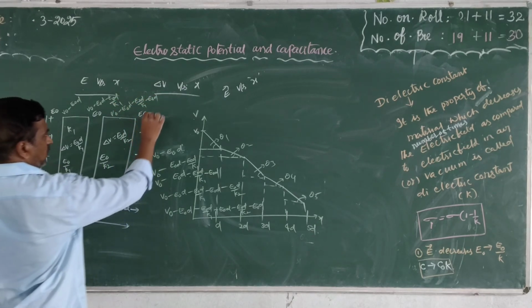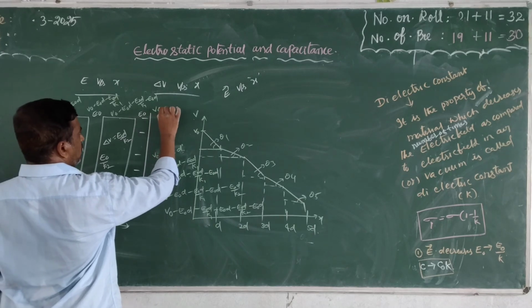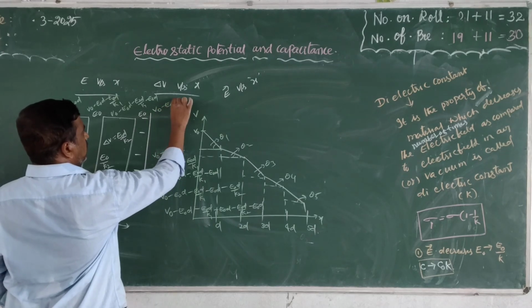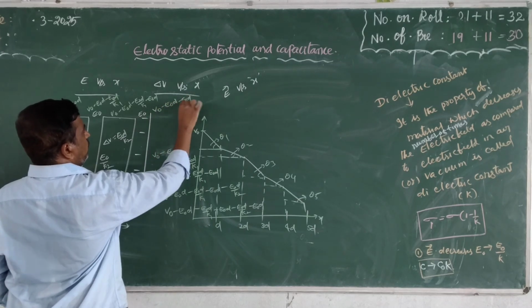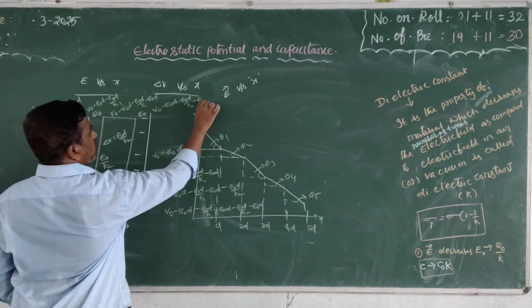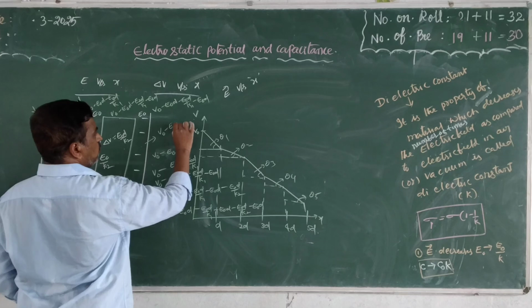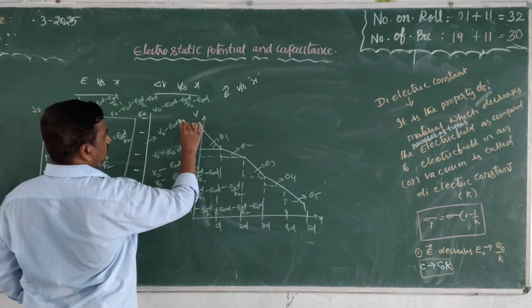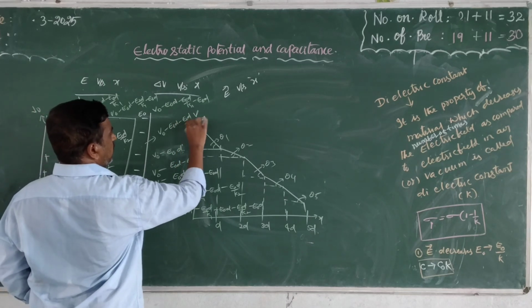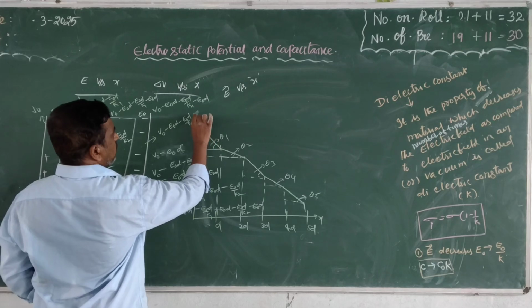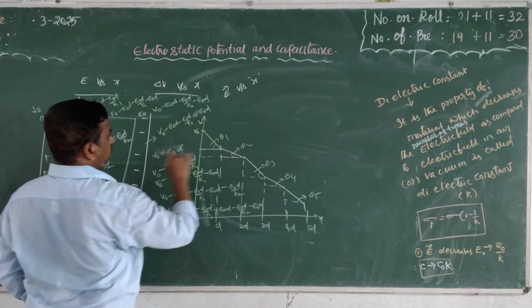The final potential here is V naught minus E naught d minus E naught d by k1 minus E naught d.